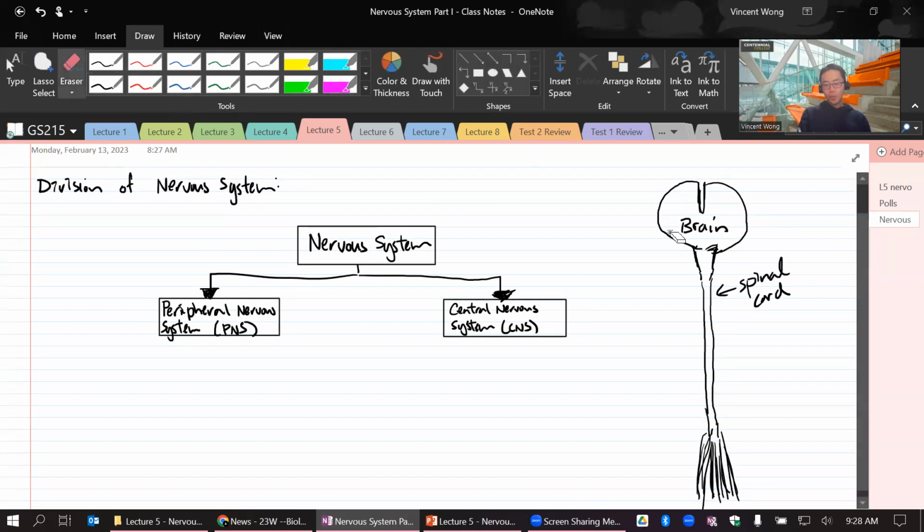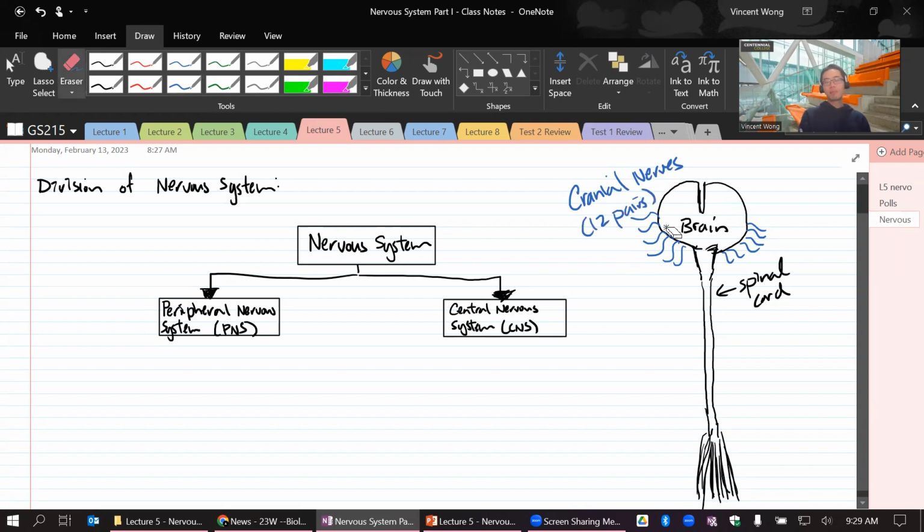Now coming out of the brain, we would have these bundles of axons. And what do we call bundles of axons again? Do you guys remember? If it's inside the brain and spinal cord, yes, we call them tracts. But now it's outside, it's not part of the brain anymore, it's coming out of the brain. So we call them nerves. That's right. So these are cranial nerves, and we have 12 pairs of them.